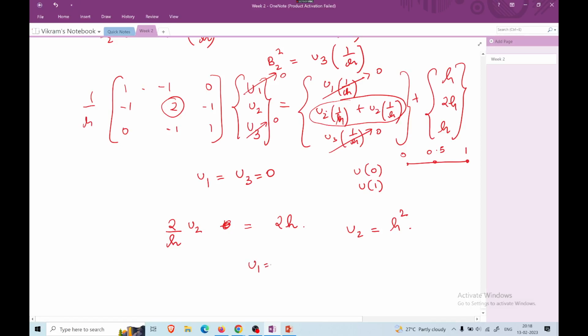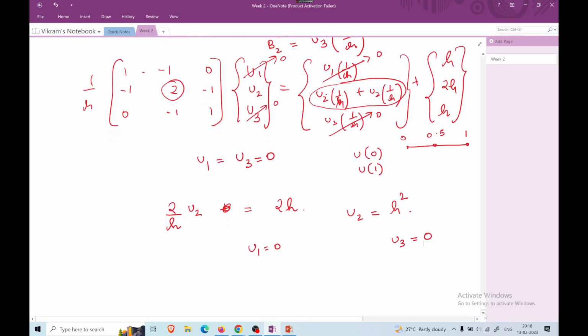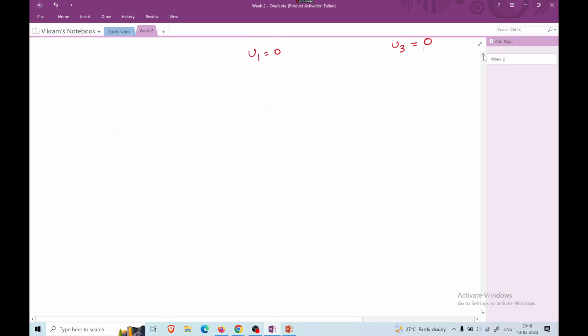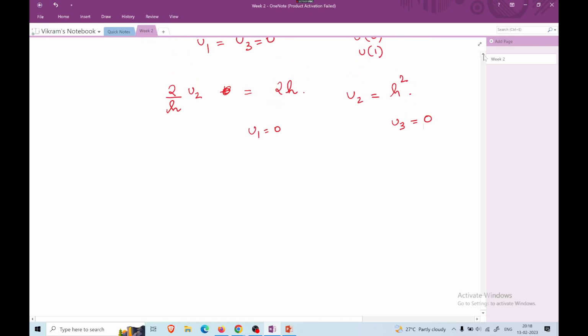So u1 is 0, u3 is 0. So for element 1, this is 0 to h, u is equal to 1 minus x by h into 0 plus x by h into h square.